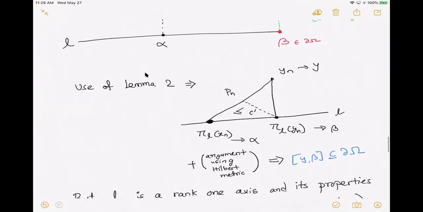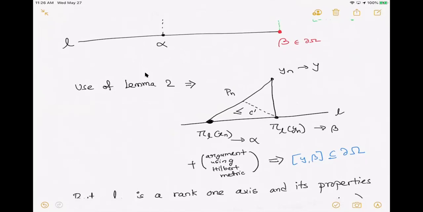Lemma 2 tells us that we have this specific configuration. Namely, if we look at yn and join it to pi_L(xn) using a projective geodesic segment, then this geodesic segment contains a point Pn whose distance from pi_L(yn) is at most c prime.